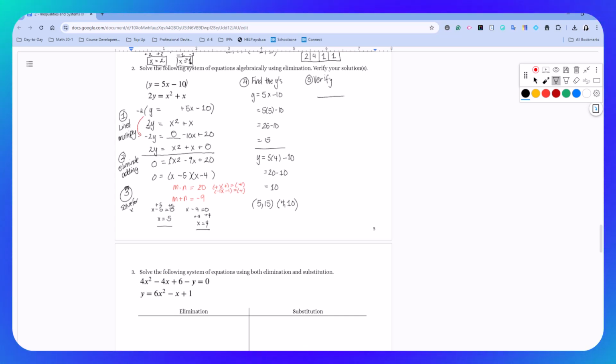We're going to start with y equals 5x minus 10, and we're going to put our 5 for the first point in here and substitute the x to get 25 minus 10 to get 15.